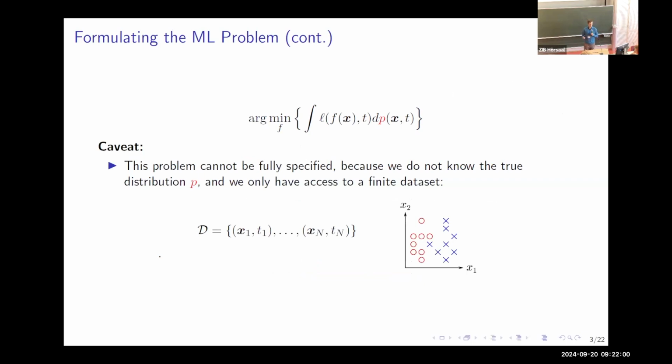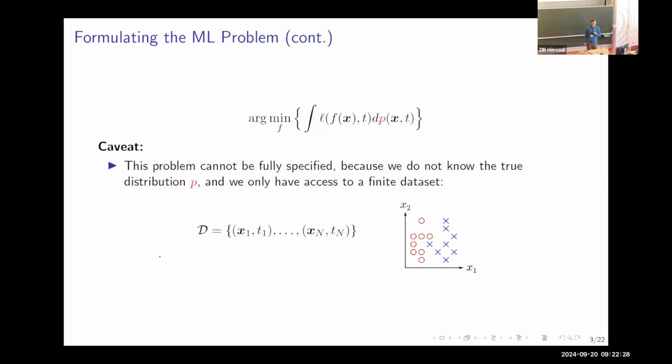So this P, which is written here in red, has to be replaced by something which we have, and we have this data set. You can think of a diagram with x1 and x2, so two measurements. Maybe the true distribution would be some kind of continuous blob for x1 and x2, basically the red and the blue markers here.